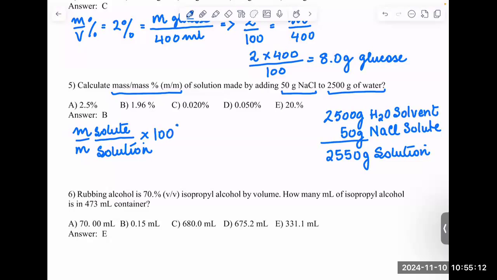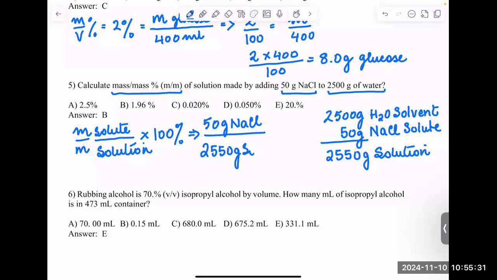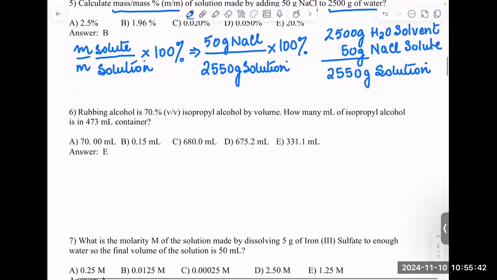So 50 grams of NaCl over 2550 grams of solution, times 100%. And whatever answer you get, that is it. So just go and practice this on your own also.